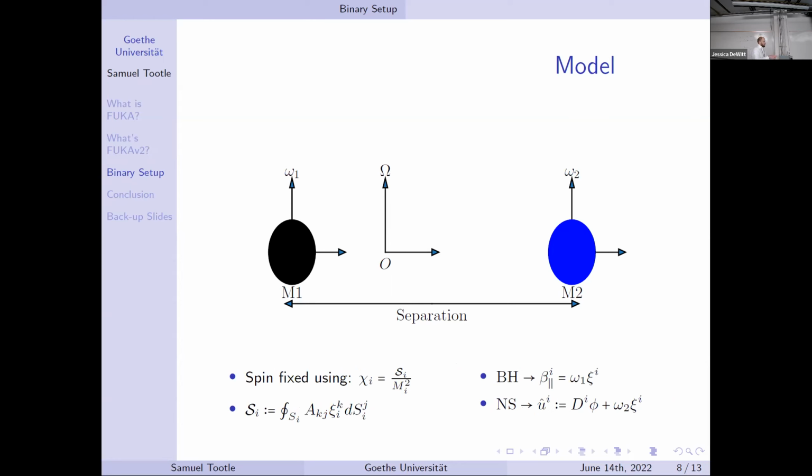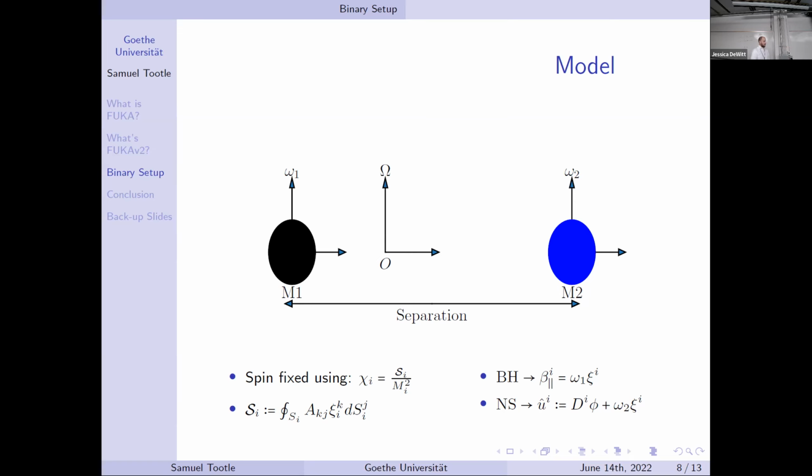To give you a total picture of what the binary will look like in the end, you also have these local orbital velocities on the objects themselves. These are fixed using whatever input spin. This is predominantly done by this dimensionless spin parameter, which is the spin angular momentum normalized by the mass squared. And the spin angular momentum is the surface integral.